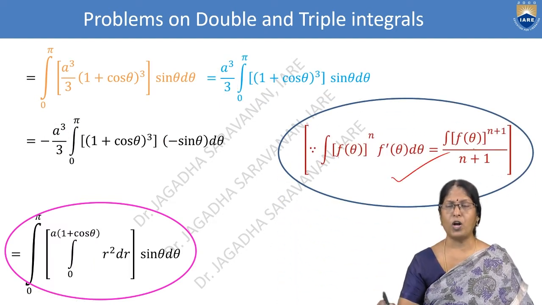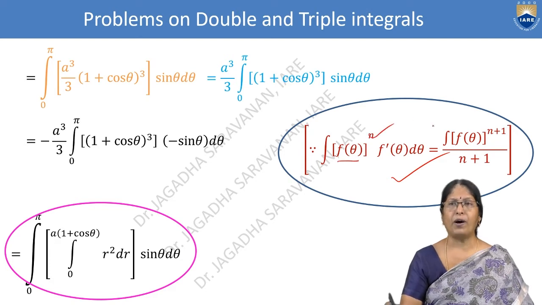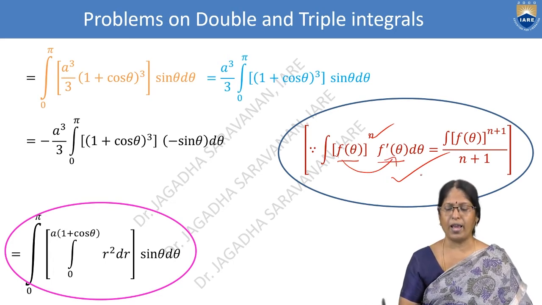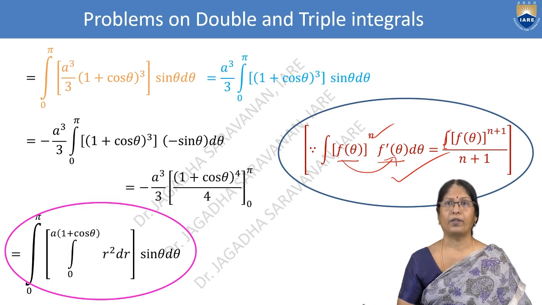The formula is: if f of theta to the power n is multiplied by the first derivative of f of theta, then we can write f of theta power n plus 1 by n plus 1.